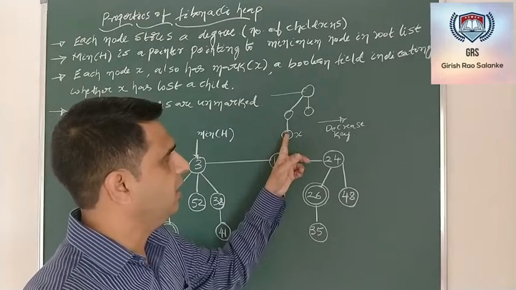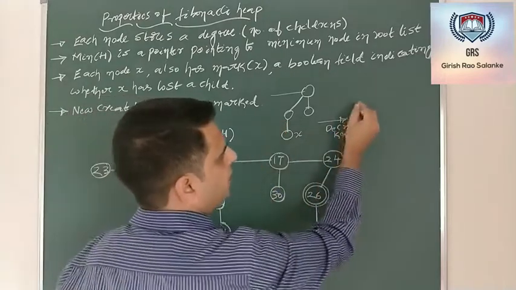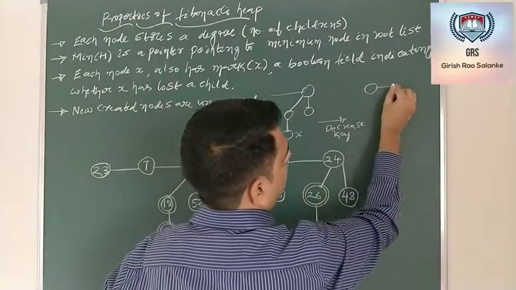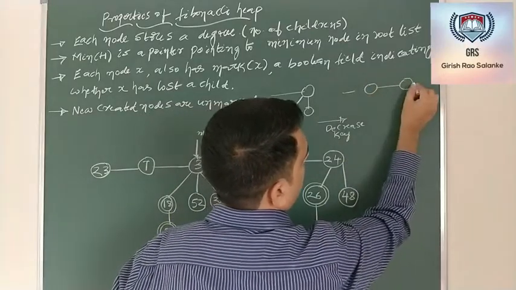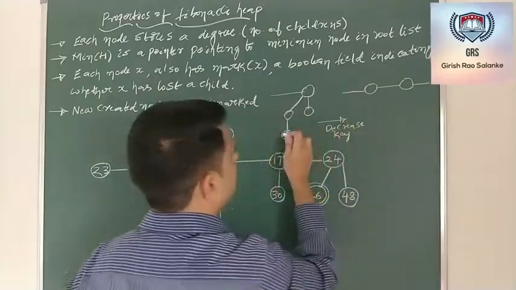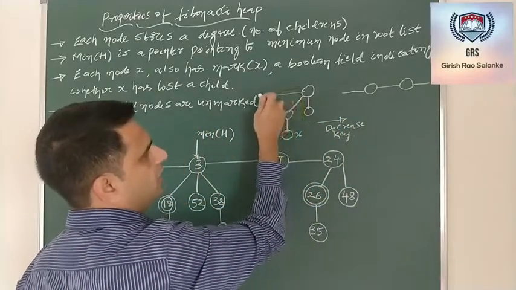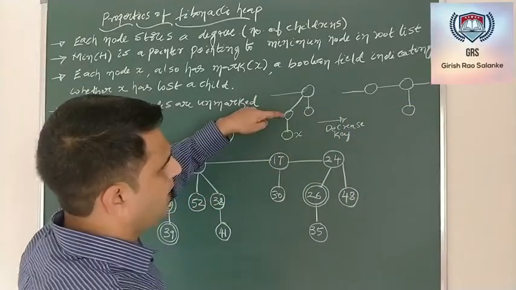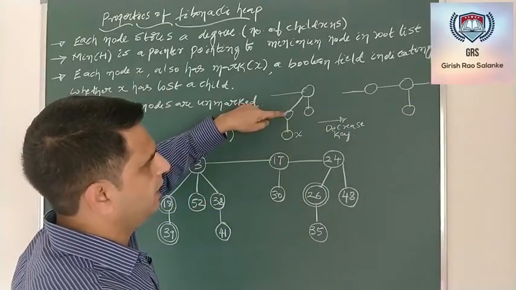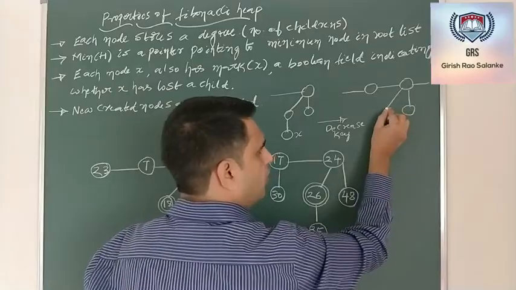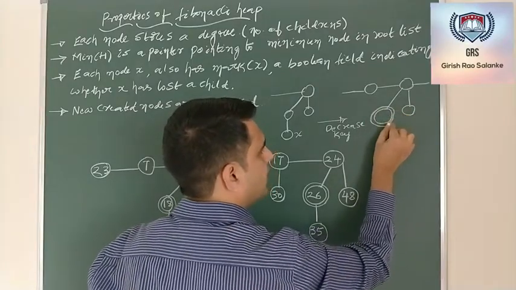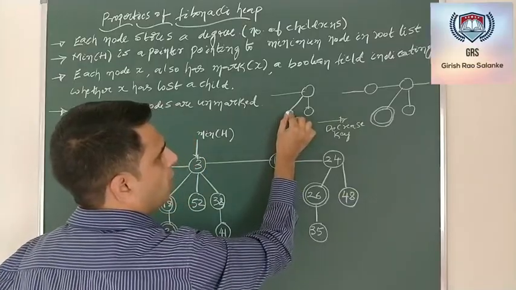Now while decreasing, if this tree structure is modified to something like this, this node is shifted to the root list, and this was the parent node of x, and this parent has lost a child. So what we will do, we will mark this particular node. I'll call this particular node y.